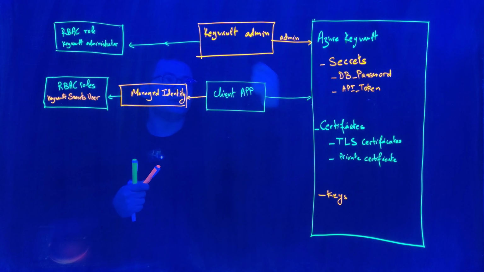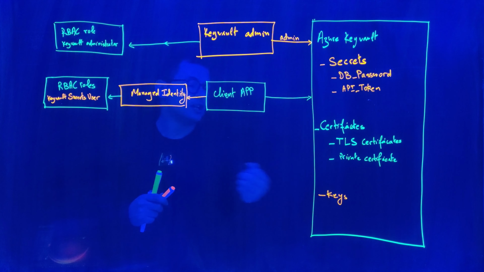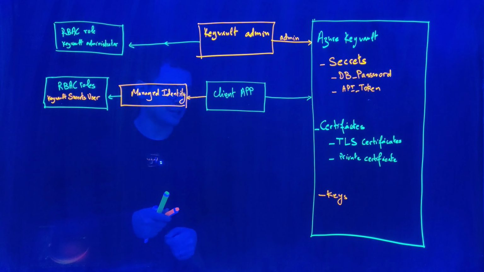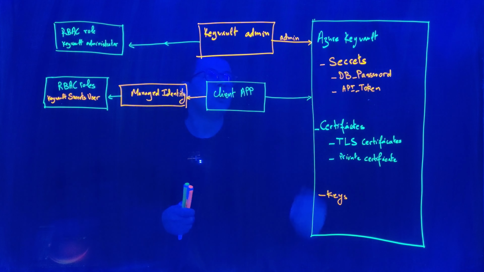But it will not be able to delete the Key Vault, for example, or define policies on that Key Vault, or add other managed identities, for example. That's going to be the only responsibility of the Key Vault administrator. So using this identity, my client app would be able to connect to the Key Vault and retrieve this data.